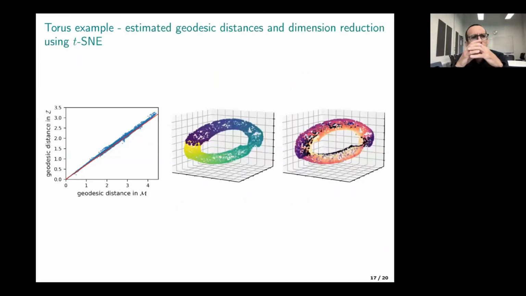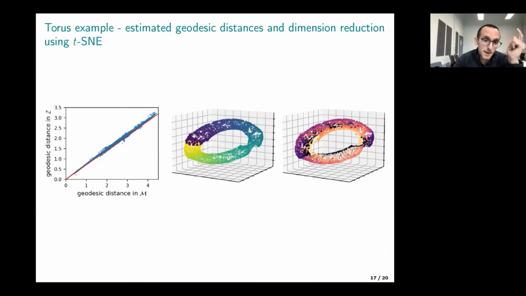If you remember, I said that in this kind of situation where Z itself is a differentiable manifold, we can talk about the geometric relationships between M and Z. And because we've got this very simple form of a Gaussian radial basis function kernel, it turns out that the geodesic distance in M is equal to geodesic distance in Z up to a factor of the square root of 2, which just comes from that matrix H that I showed you earlier.